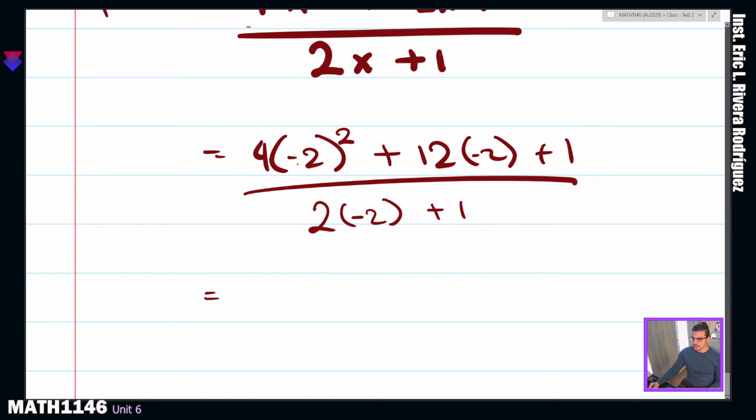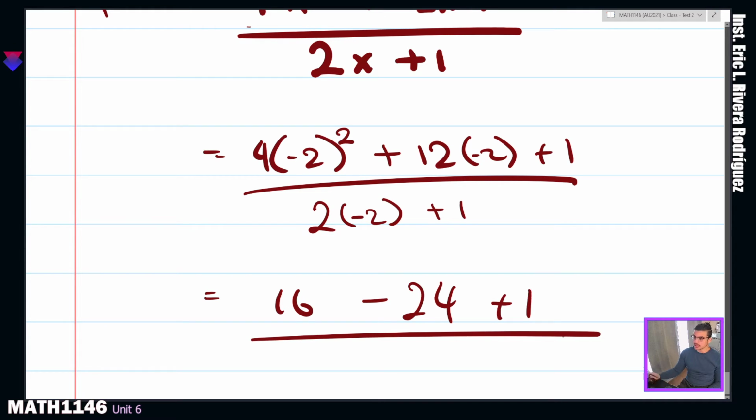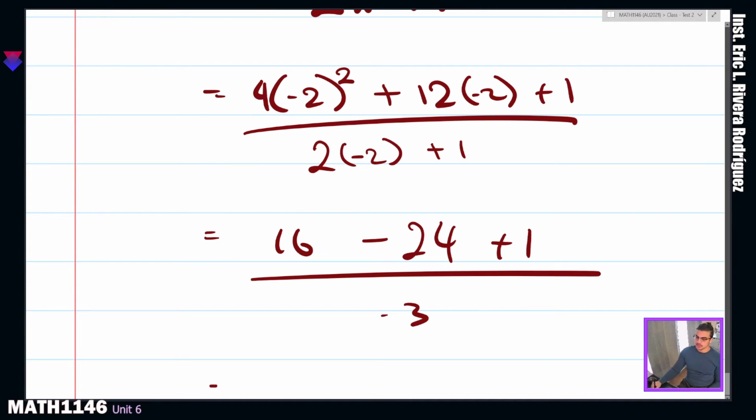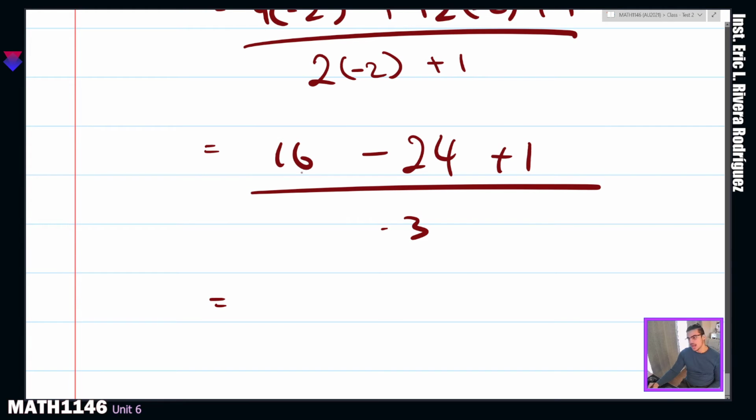Okay, so we have negative 2 squared, that's positive 4 times 4, 16. Then we have negative 24 plus 1. And here below we have negative 4 plus 1, that's negative 3. From here we have negative 8 plus 1, negative 7. Over 3, so 7/3.